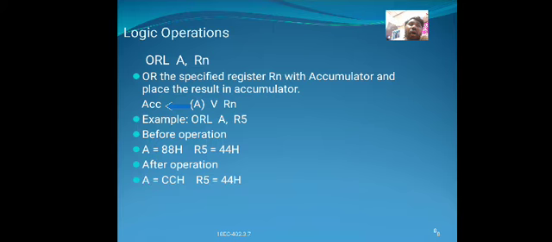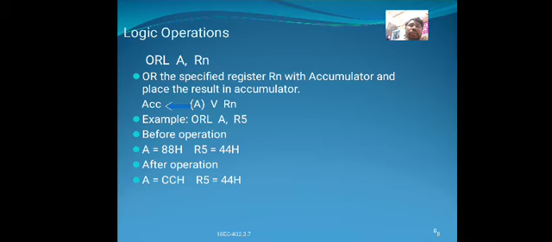ORL is the OR logic: ORL A comma Rn ORs the specified register Rn with the accumulator and places the result in the accumulator. Accumulator becomes A OR Rn. Here is an example: ORL A comma R5.